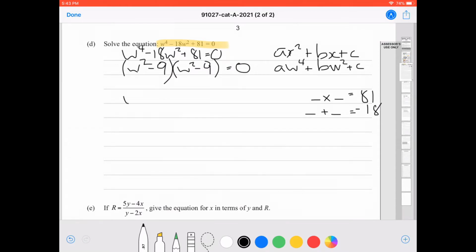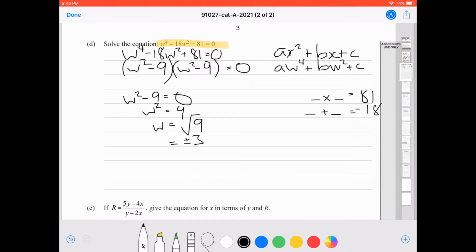Now we can go ahead and solve for w. So w squared minus 9 equals 0, meaning w squared equals 9. And so w must equal the opposite of squaring, which is square rooting, square root 9. And so w must equal plus or minus 3.